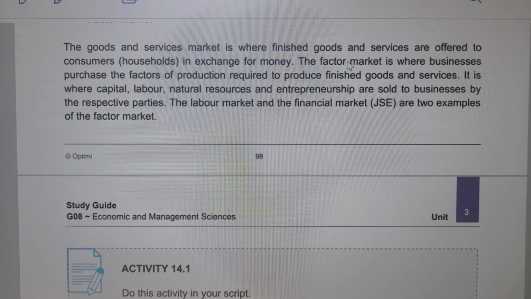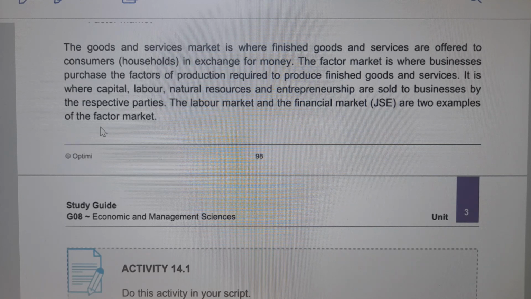The factor market is where businesses purchase the factors of production required to produce finished goods and services. It is where capital, labor, natural resources, and entrepreneurship are sold to businesses by respective parties. The labor market and the financial market are two examples of a factor market.